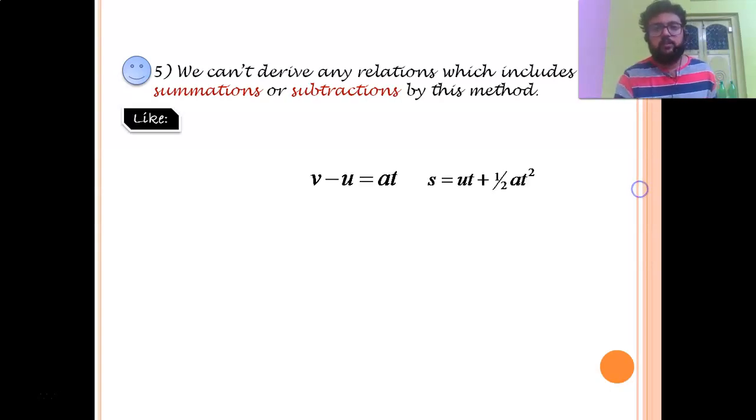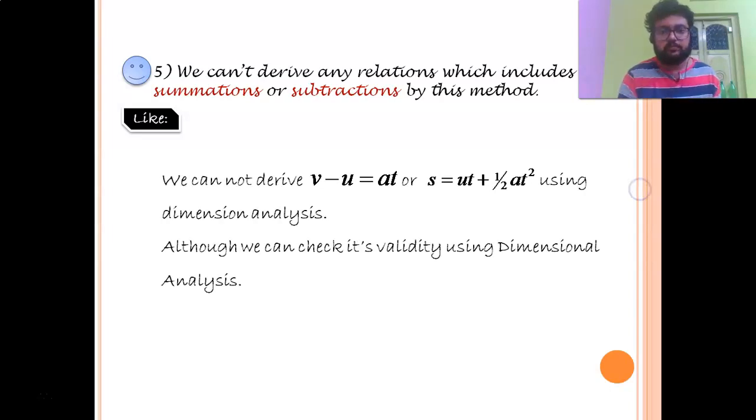Like here are two important relations we know, the famous relations. Here see that for the first equation there is a subtraction sign and for the second equation there is a summation sign. These two equations cannot be derived by using the application or the dimensional analysis method.